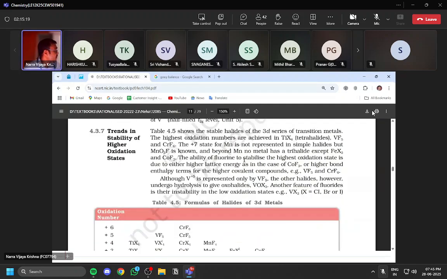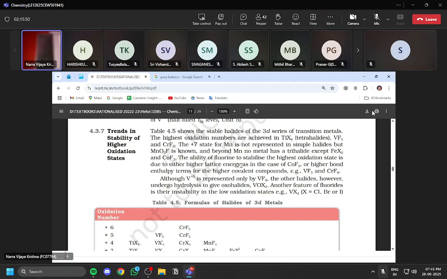Please listen. In case of manganese halides, maximum oxidation state shown by manganese is +4, MnF4. But observe this compound. Here, what is the oxidation state of manganese? +7. But it is also a fluoride. Right? Due to presence of oxygen, it is showing. If there is no oxygen, it can show maximum of +4. That's what they are saying.